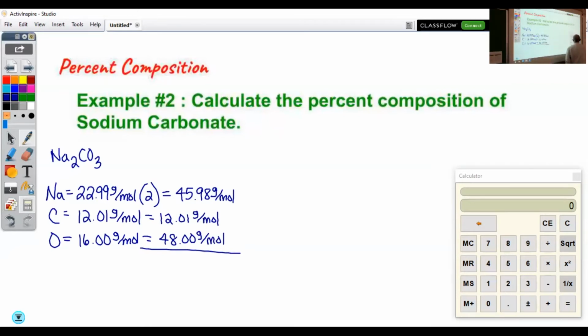I'm typing this into the calculator. I have my 45.98 plus my 12.01 plus my 48 for the 3 oxygens. So I wind up with a molar mass of 105.99 grams per mole.